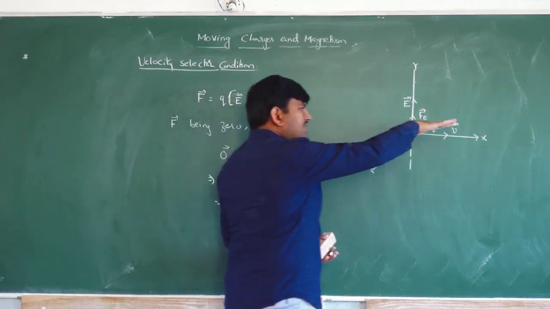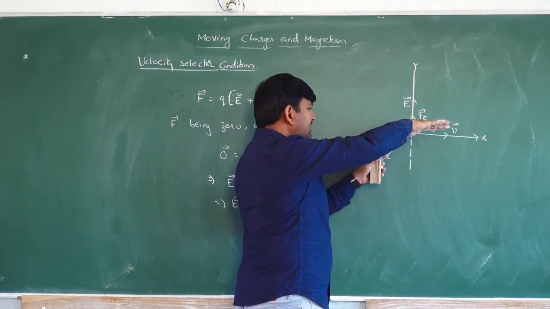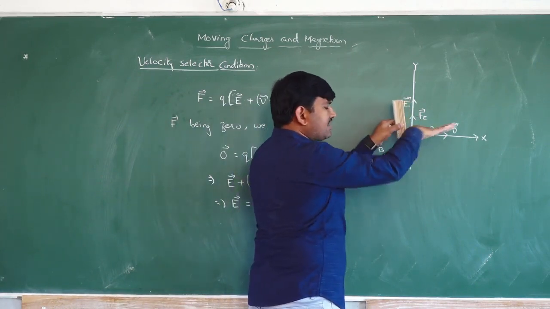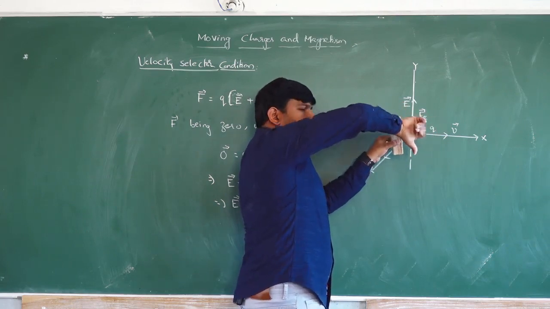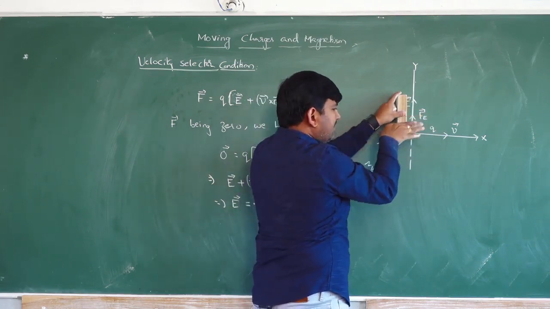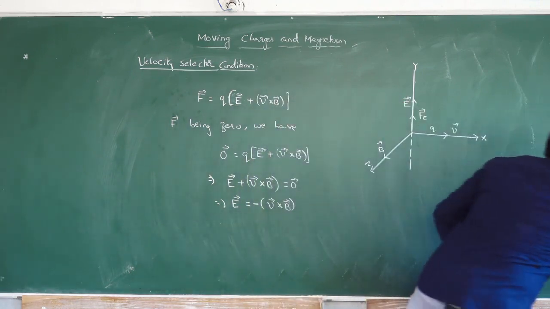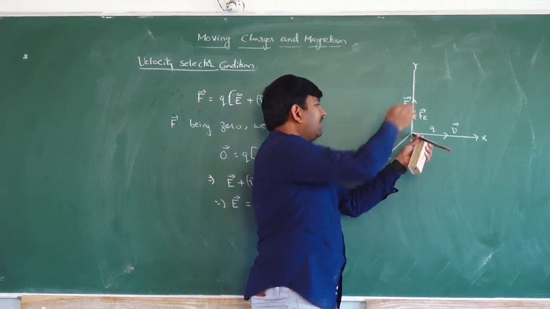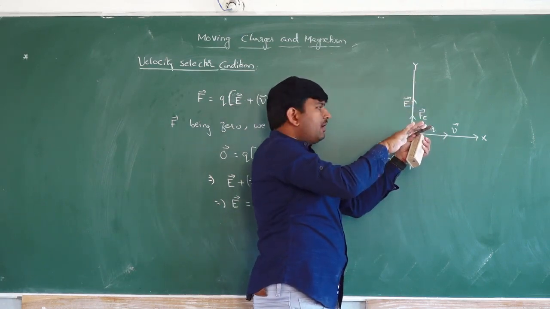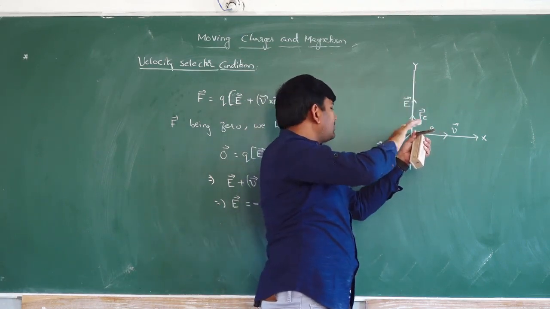V bar is along x axis and this is y axis, this is x axis, z axis will be like this. Therefore, if I turn like this, this is y axis, this is x axis, then this represents the z axis, x, y, z. Now, what is the direction of V bar cross B bar?